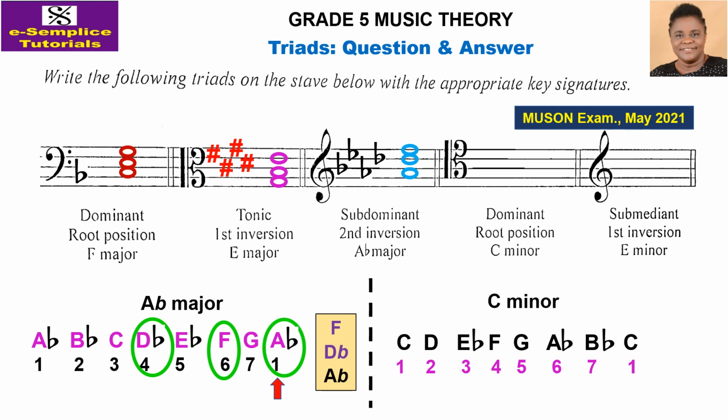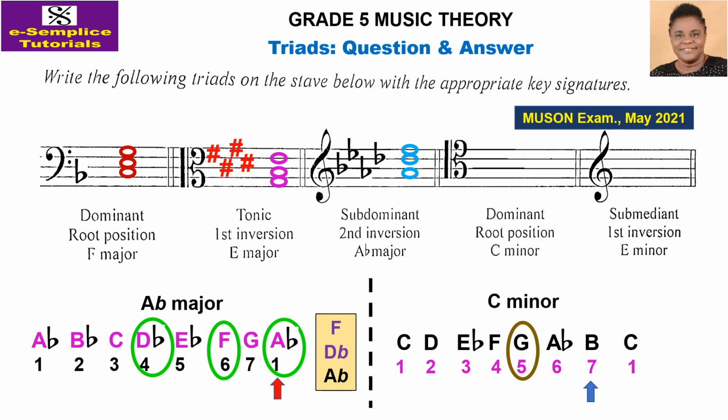Good. Now this is a minor key, and in a minor key the seventh degree must be raised. If you raise that seventh degree, which is B flat, the flat goes. So with that, we are looking at the root dominant. Now dominant is the fifth degree, so that's supposed to be at the root of the dominant triad of C minor.